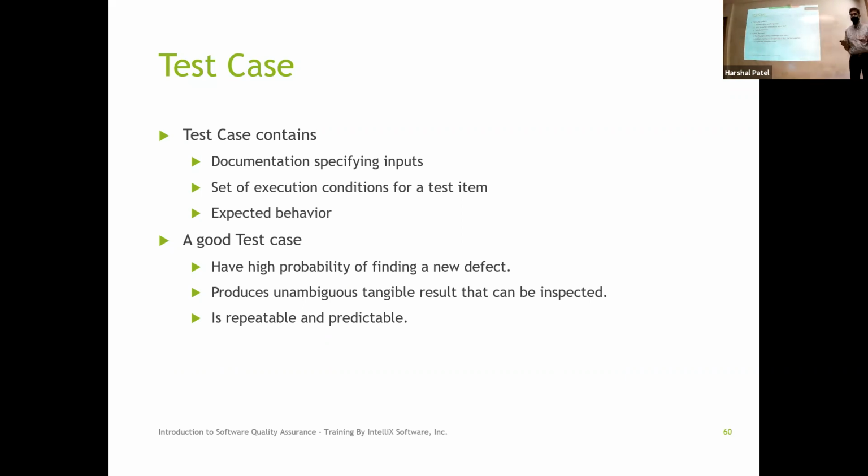It won't, right? Because it gave you an ambiguous answer. Versus if you say, yes, I ran it and it came under 2 seconds, or in this particular scenario, it didn't come under 2 seconds. As long as I give an unambiguous result that somebody can inspect and say yes or no, then it's a good test case.